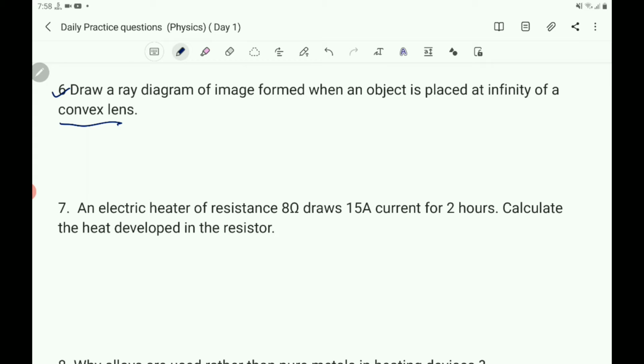All the parallel rays from the object enter the lens, refract, and the refracted rays pass through the principal focus. So you will get a highly diminished image at the principal focus.